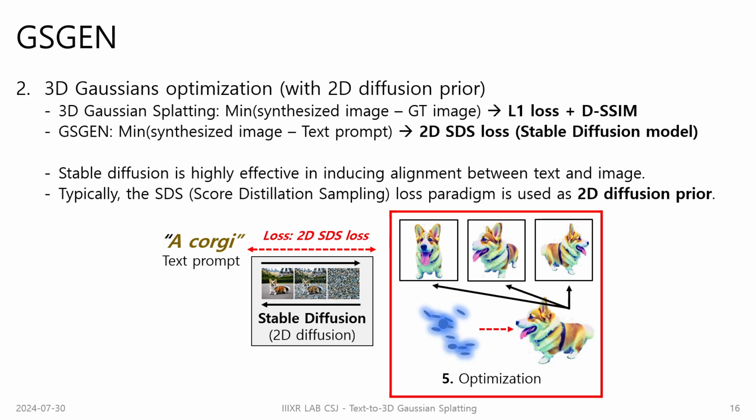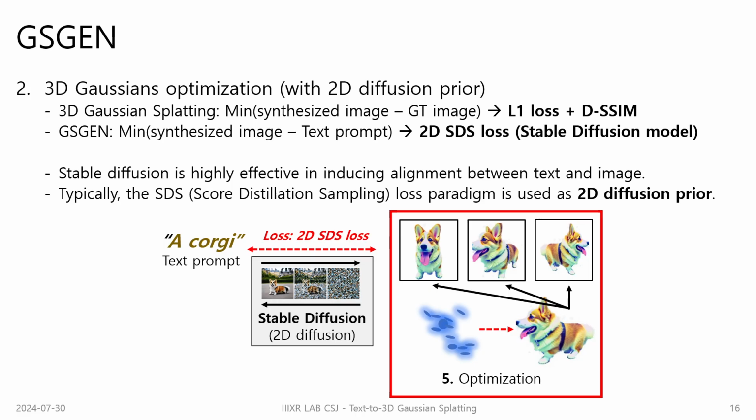Next is the optimization stage. Just as we replaced multi-view images with text prompts earlier, we need to develop the optimization process so that the rendered images of 3D Gaussians can be guided by text prompts instead of multi-view images. Original 3D Gaussian splatting could use image domain loss because it compared two images.